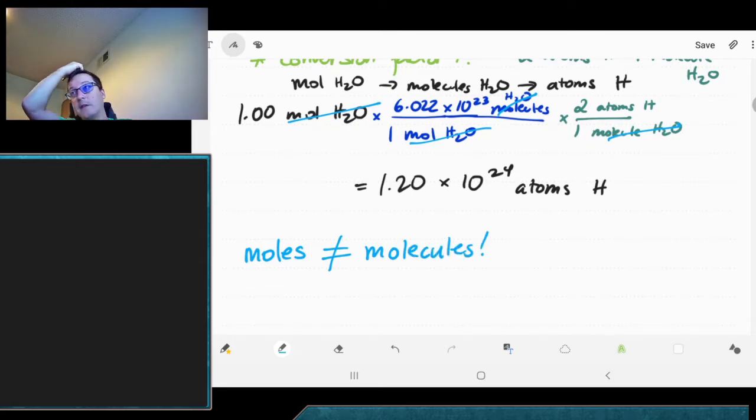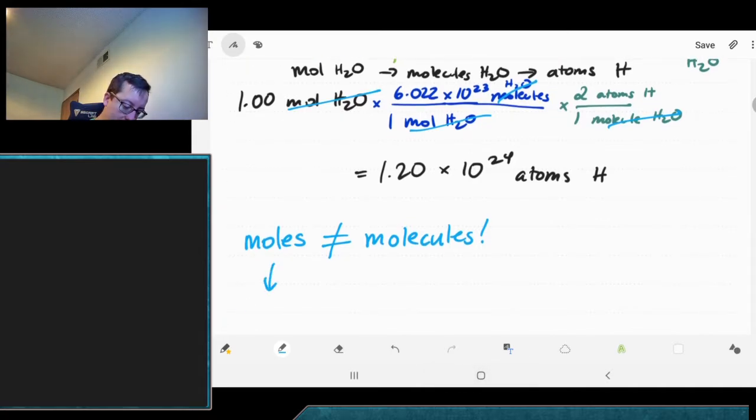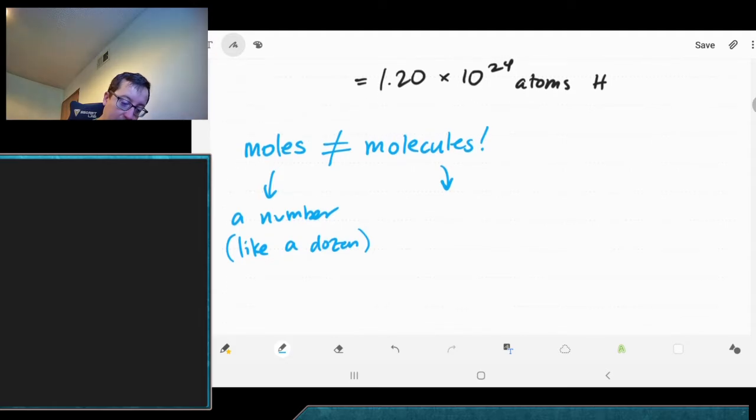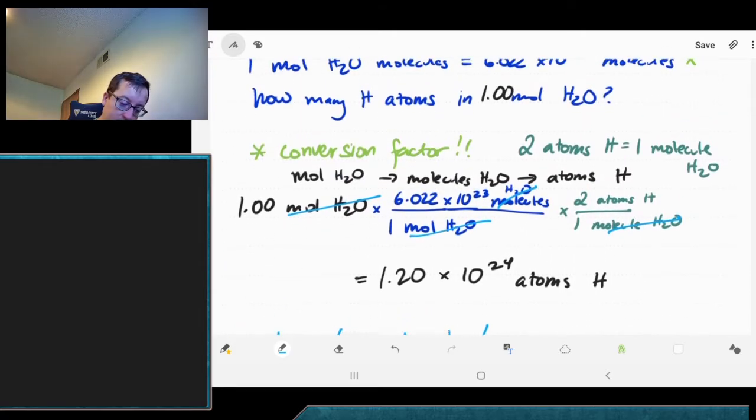Moles are not the same thing as molecules. A mole is a number, like a dozen. So it's just a way of saying a number but using a word instead. Molecules are specifically, I'll give you a more specific definition than I want to.